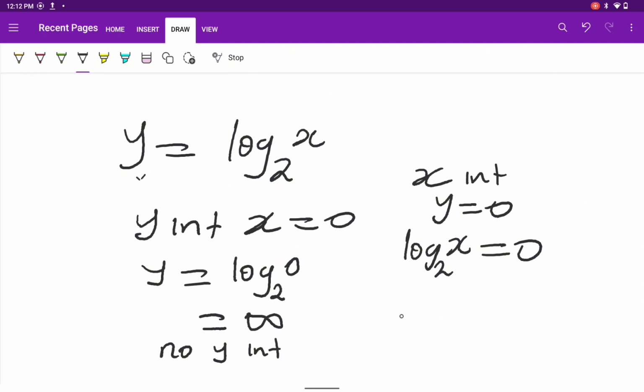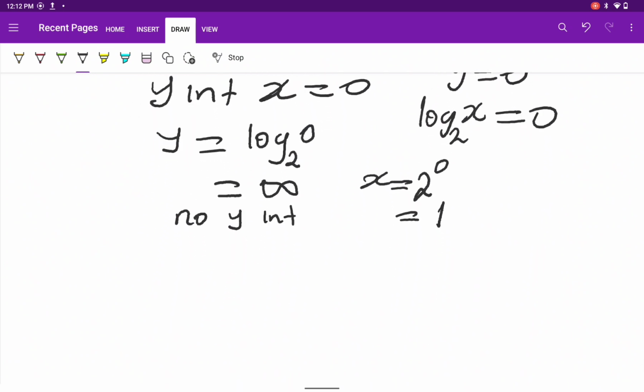The base is 2, the exponent is 0, and the number is x, so x is 2 to the power 0, which gives us 1. So our graph will cut the x-axis at 1.